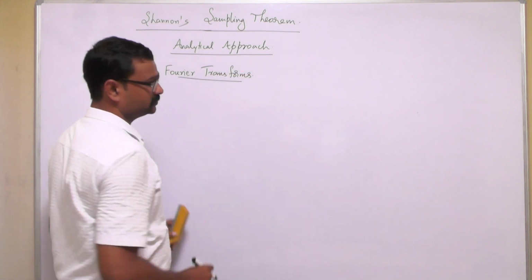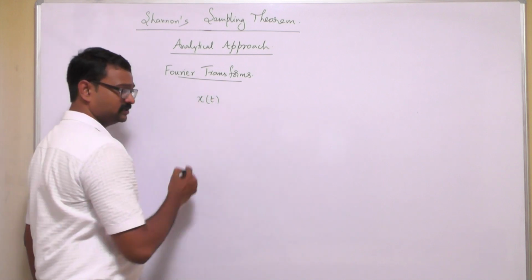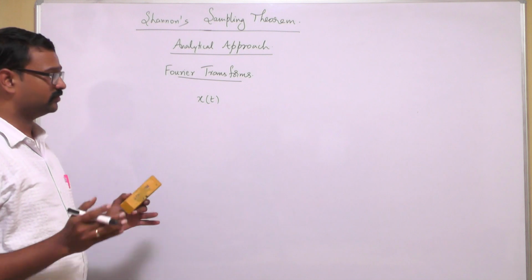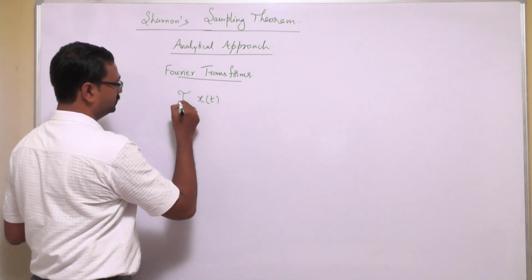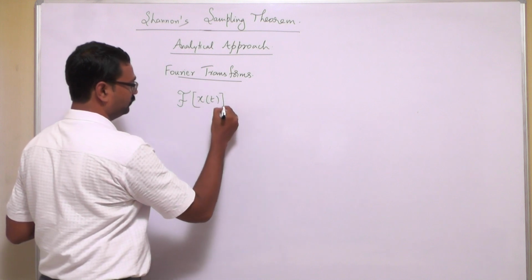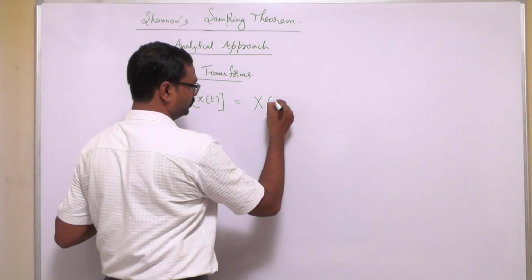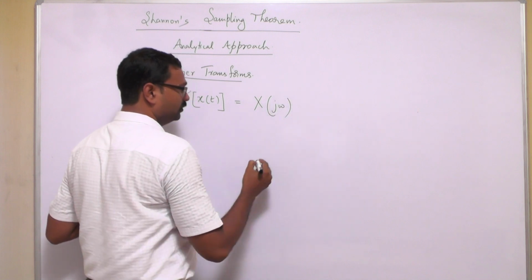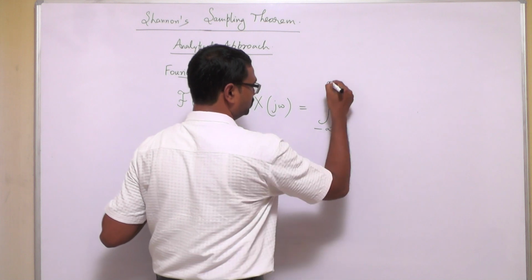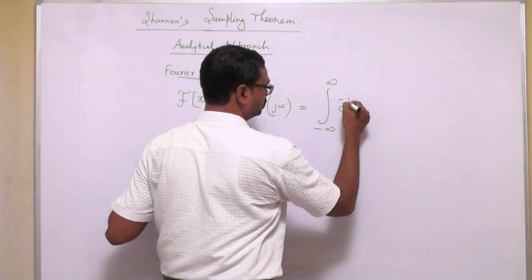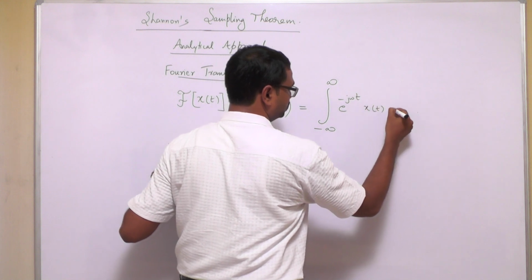The Fourier transform of any function x of t existing from minus infinity to infinity is X of j omega, which is by definition the integral from minus infinity to infinity of e power minus j omega t x of t dt.